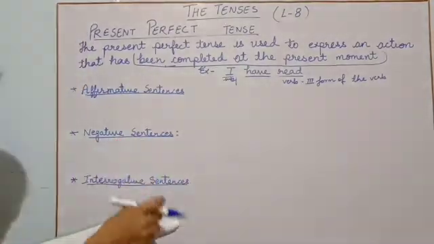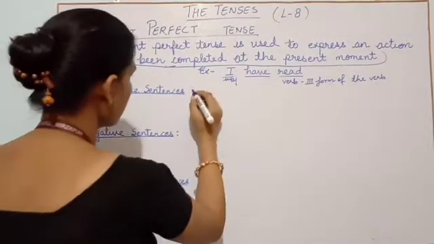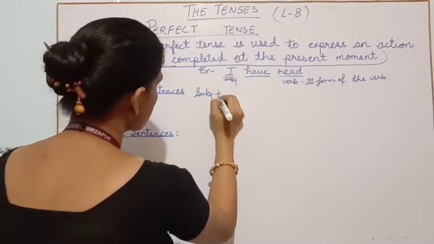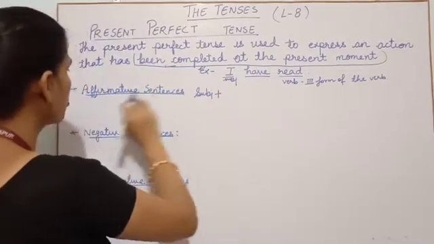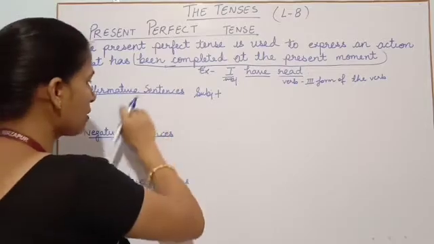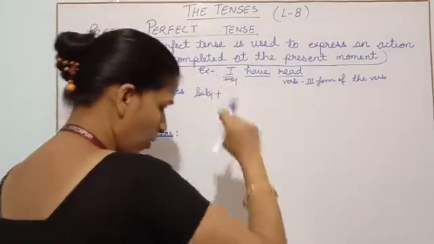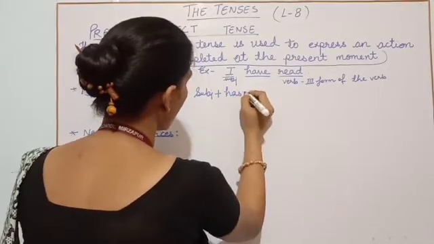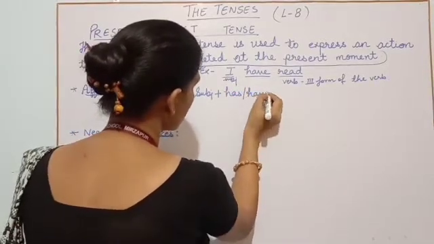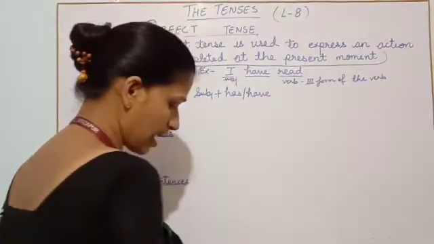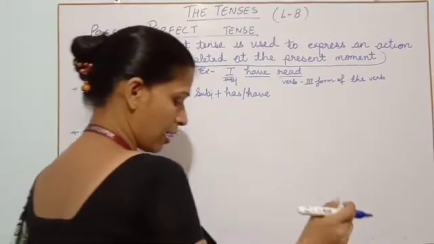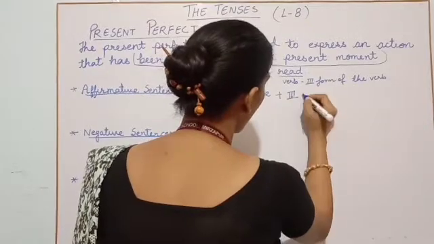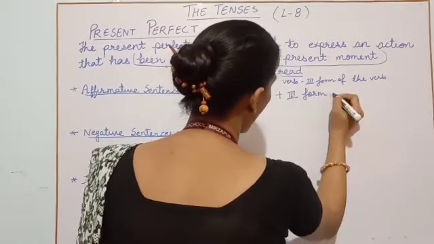Let's write one example. Subject, this is a rule to write an affirmative sentence, then plus has or have, since we are having present tense, so has and have as a helper or auxiliary verb. Then we have the third form of the verb.